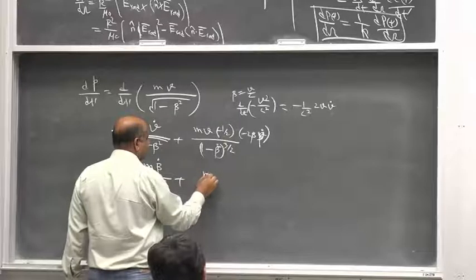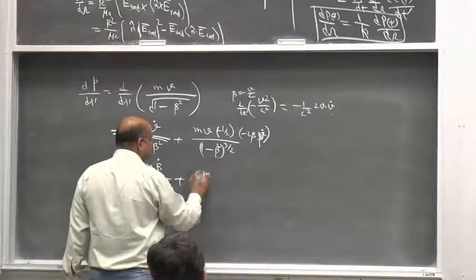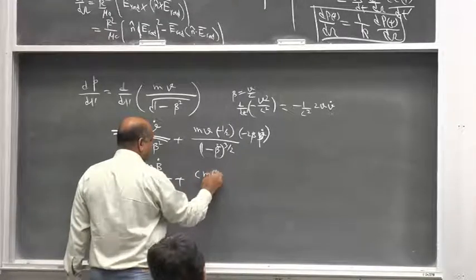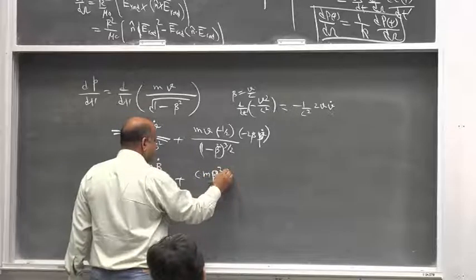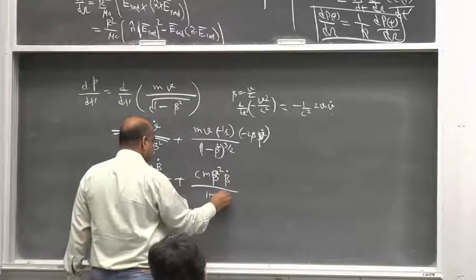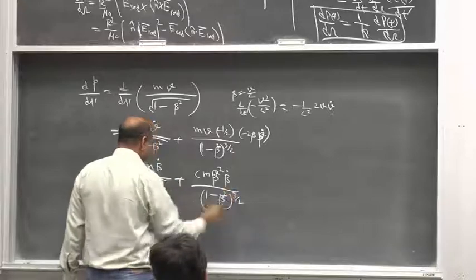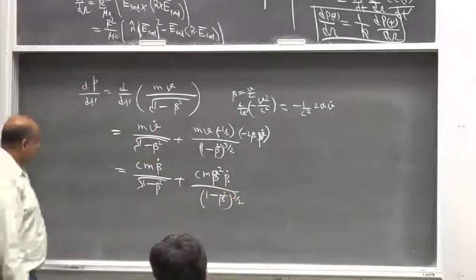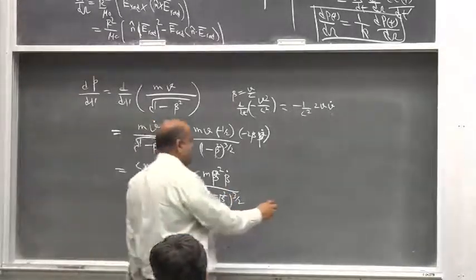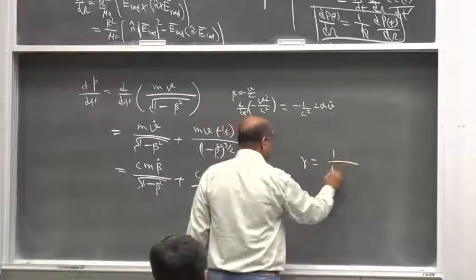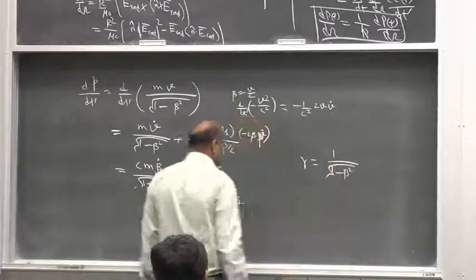We have m c beta square beta dot. So let's define another thing, which is gamma, like this.